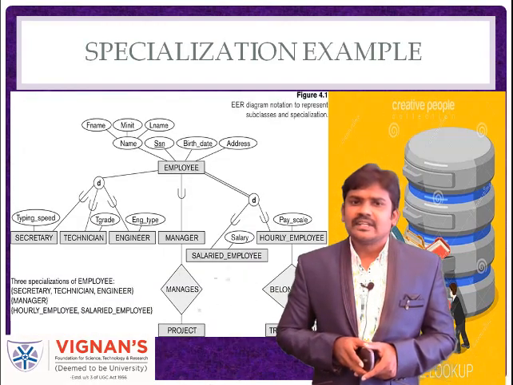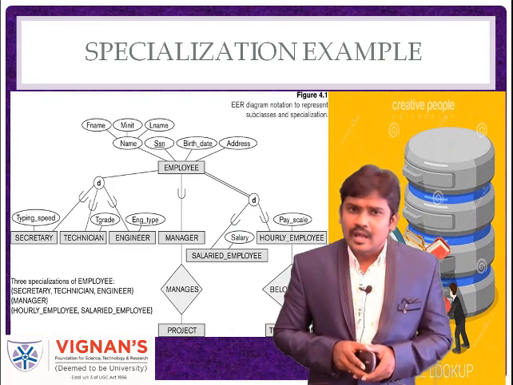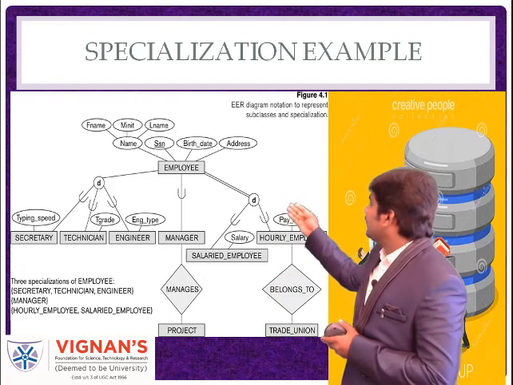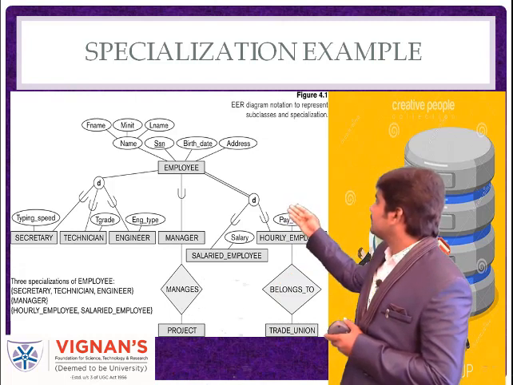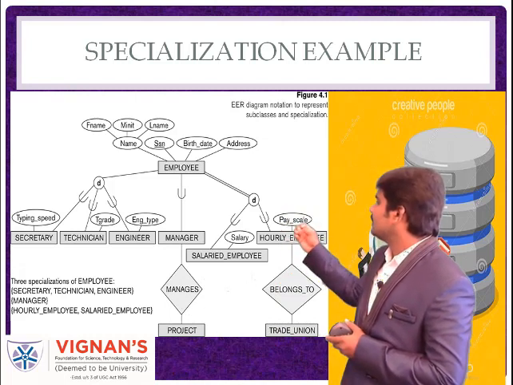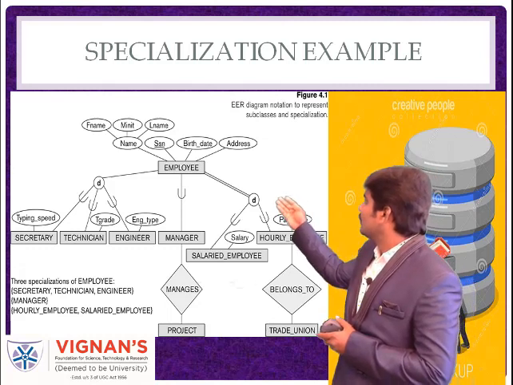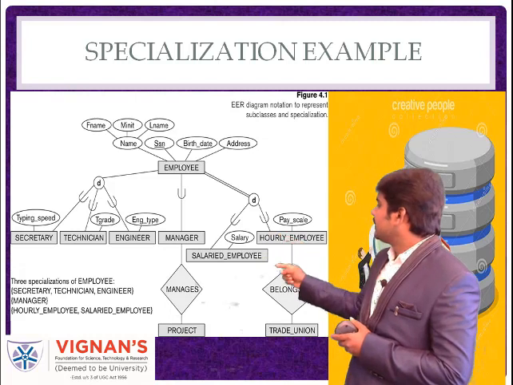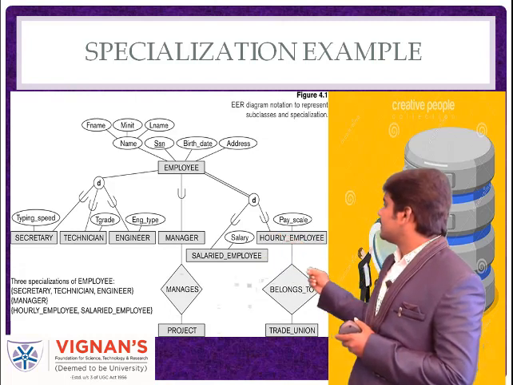Next, here see an example of employee specializations. Means here the employee table derives three kinds of specialization. First, the employee table derives three subclasses: secretary, technician and engineer.